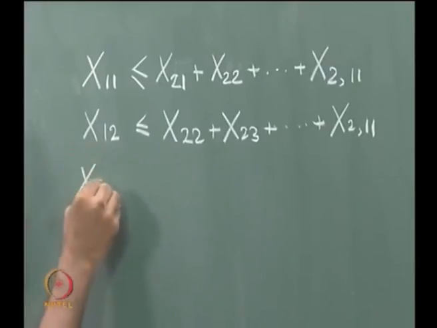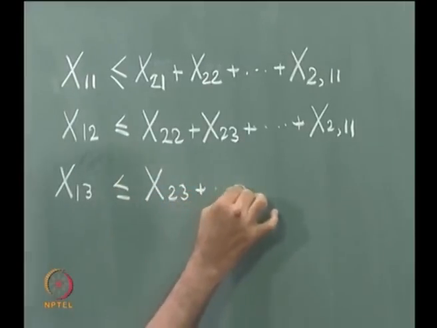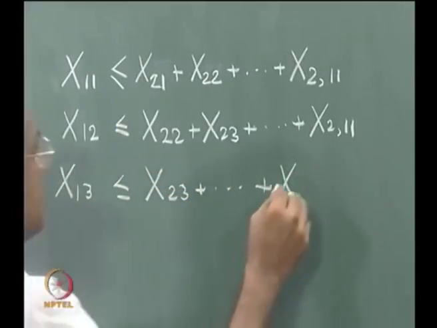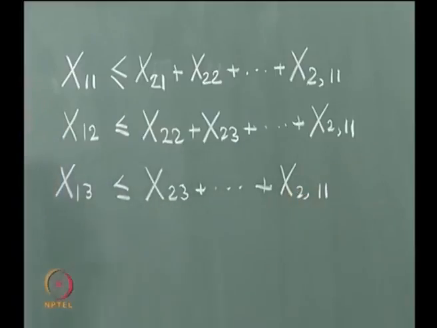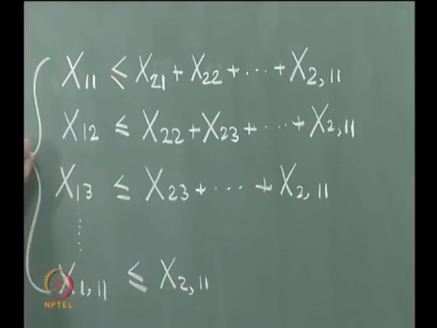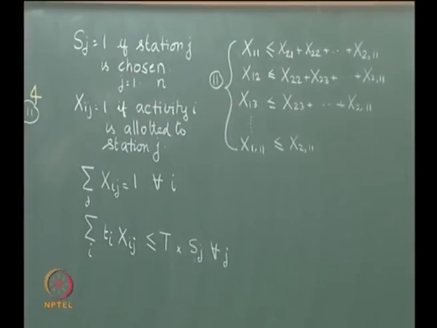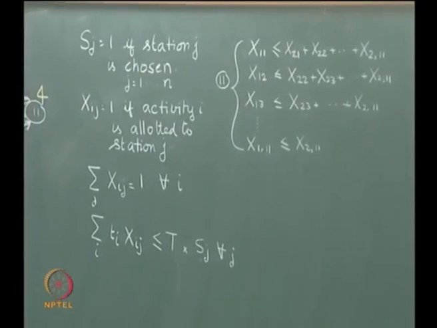Similarly, if activity 1 goes to workstation 3, then we have x23 plus etc. plus x211. Like this, the last one for this pair would be x111 less than or equal to x211. So these 11 constraints capture the precedence relationship between 1 and 2.